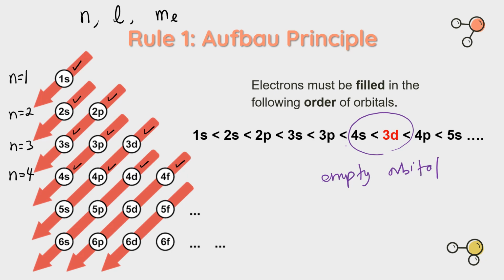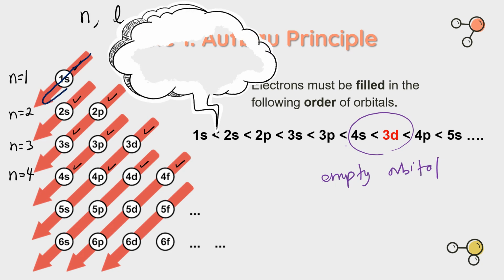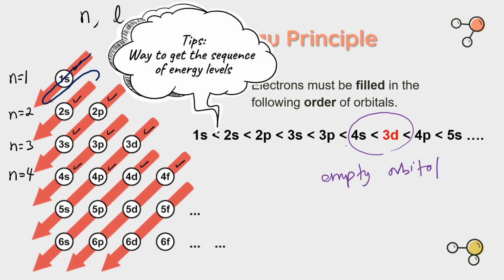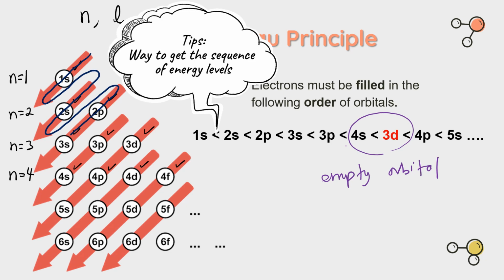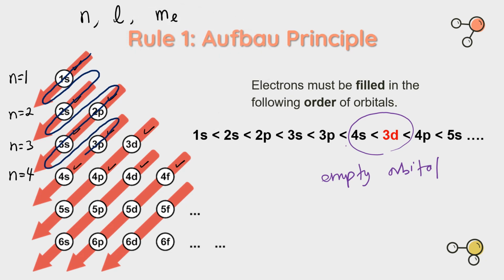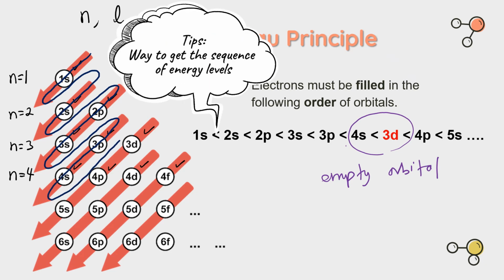Now we are going to move our cursor to these orbitals. Let's start with the 1s. We have touched 1s, and then later we will touch the 2s, and then the 2p, then 3s. Later we will touch the 3p and 4s, and next 3d, 4p, 5s, and so on.